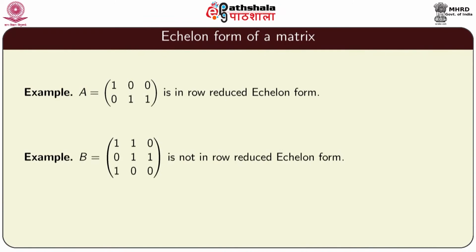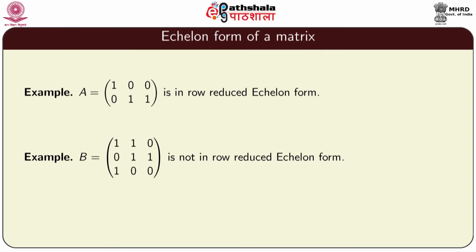The matrix A has 2 rows. Look at the first row. The first non-zero entry is 1, which is at the 1 1 position of the matrix, that is, it is in the first column of the matrix, and the other entry in the first column is 0. So, there is only one non-zero entry in that very column.